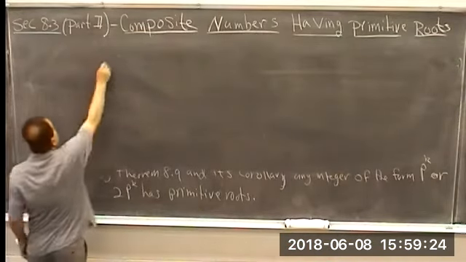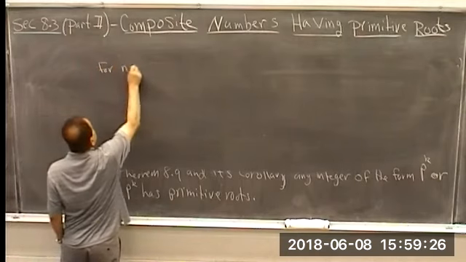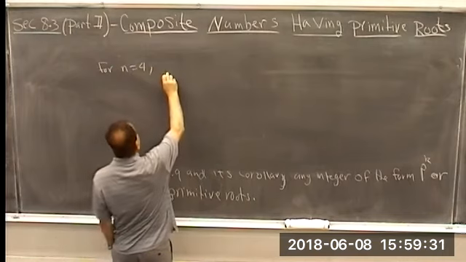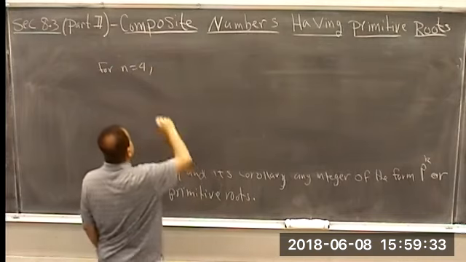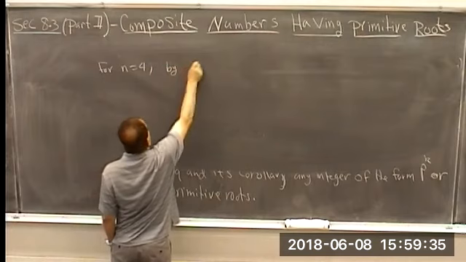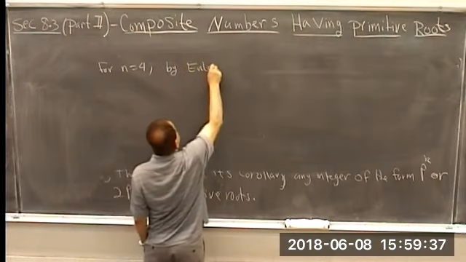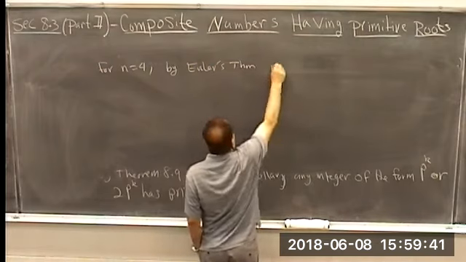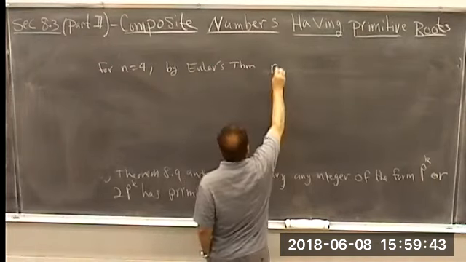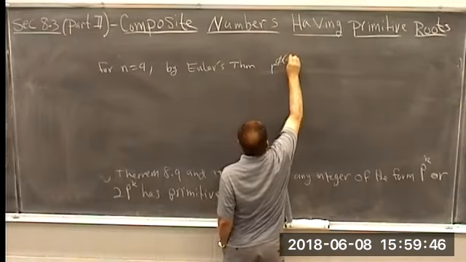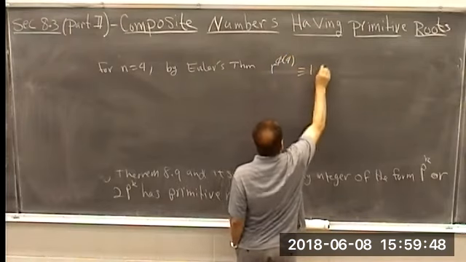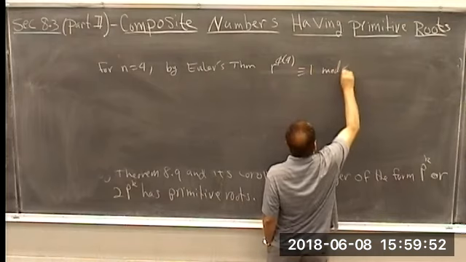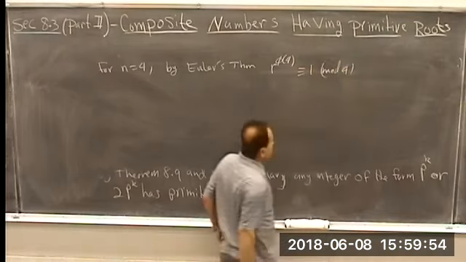So for n equal 4, again by Euler's theorem, r to the power phi of 4 is congruent to 1 mod 4, where r is relatively prime to 4.